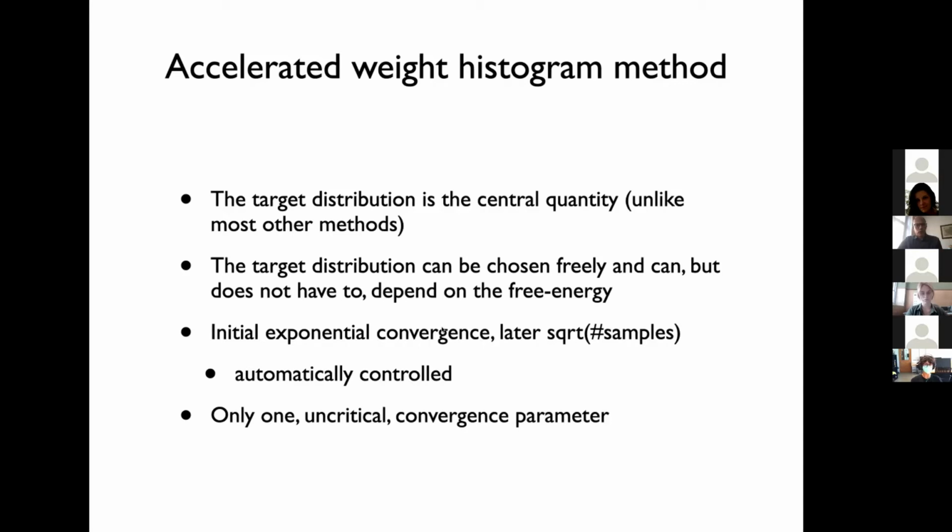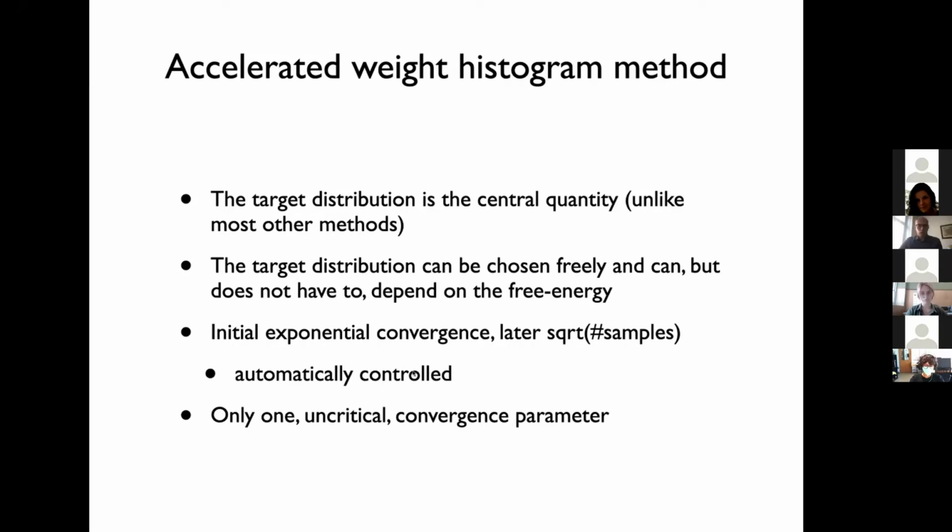Then another practically very useful aspect is that it has an initial exponential convergence. Initially the error converges exponentially, which, if you know statistical mechanics, is impossible in the long run, since in sampling the error should always go down with the square root of the number of samples in the end. That's what happens in the final phase. But if the errors are larger than the thermal energy, kT, then you get exponential convergence.